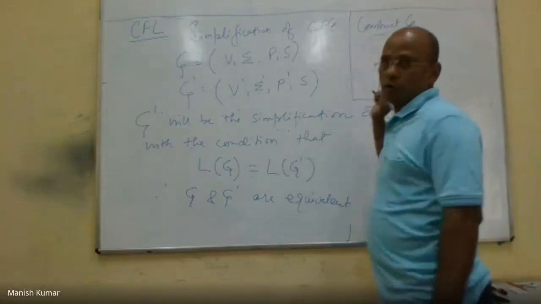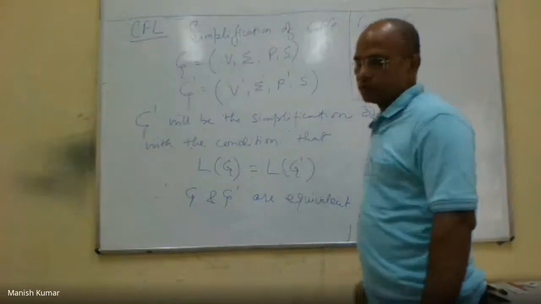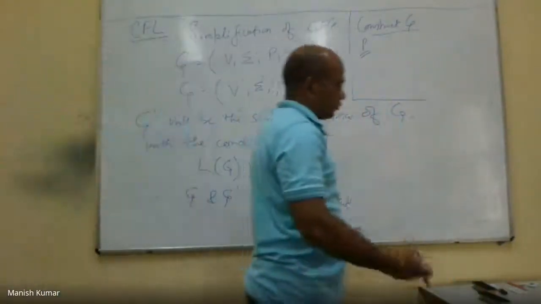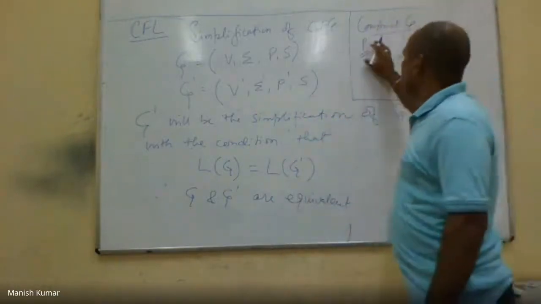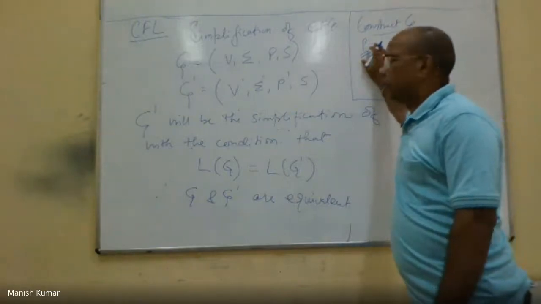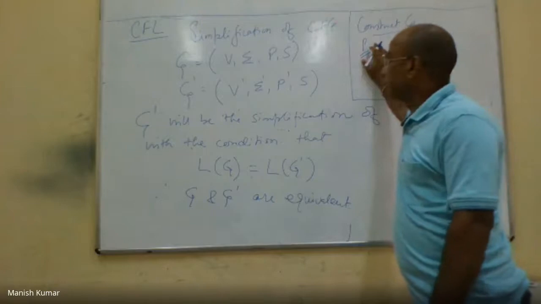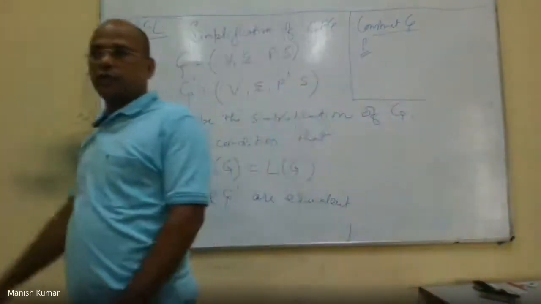So as far as the production set is concerned, there may be some redundant rules within this production set. And that may lead to complexity also. So what we are looking for with this simplification is to minimize all these redundancies.